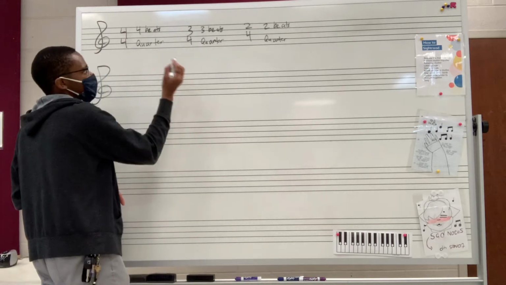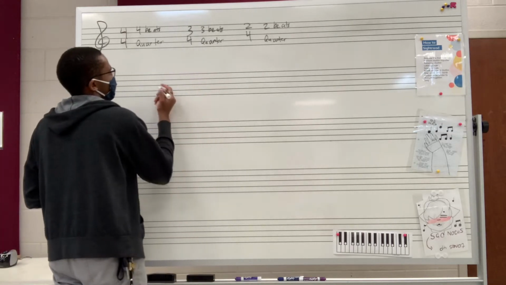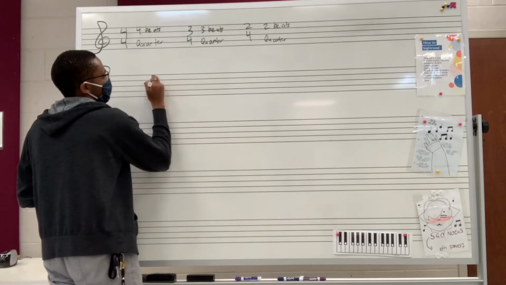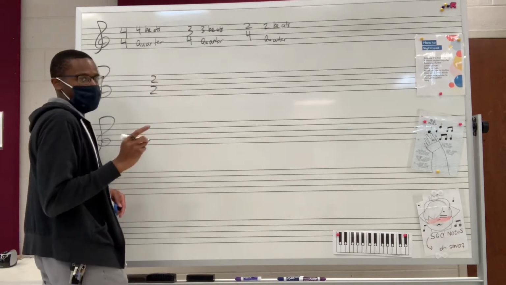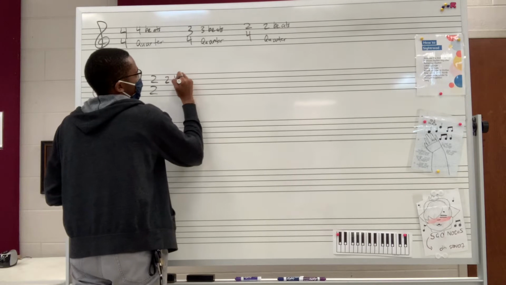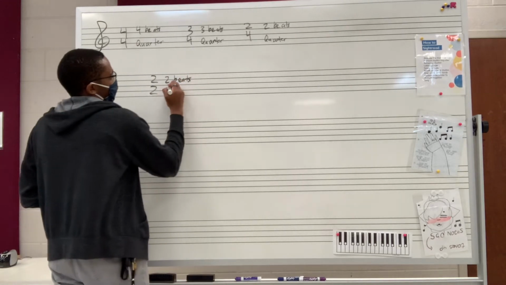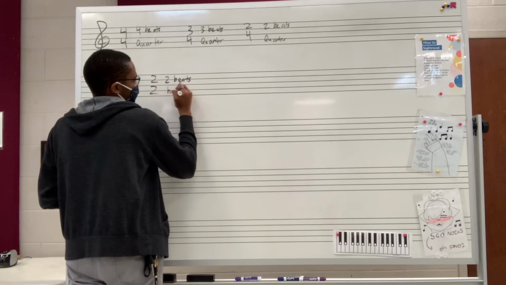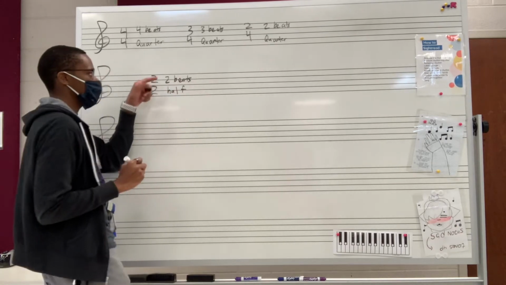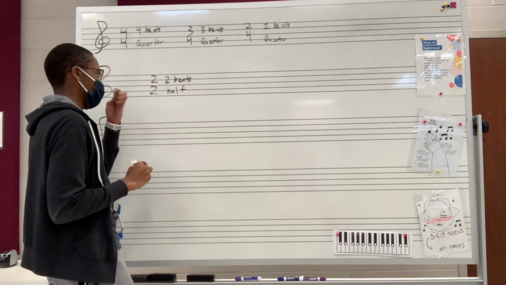You can also have different numbers on the bottom. If I had 2/2, that means I have 2 beats in each measure. But this time, a half note is 1 beat. So I'll have 2 half notes in each measure.